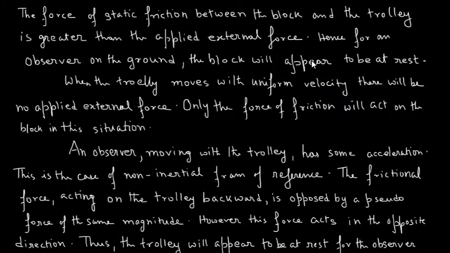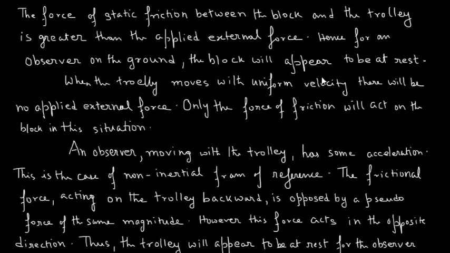Hence, for an observer on the ground, the block will appear to be at rest. When the trolley moves with uniform velocity, there will be no applied external force. Only the force of friction will act on the block in this situation.